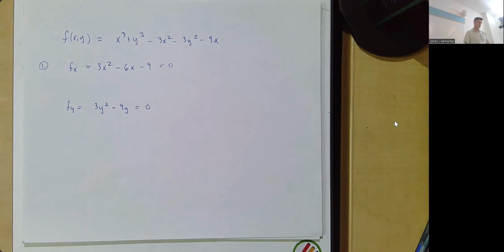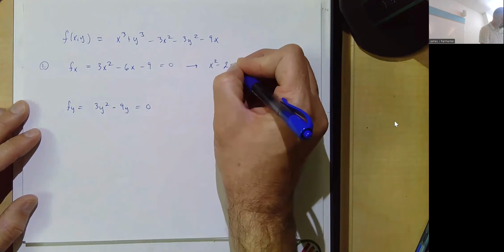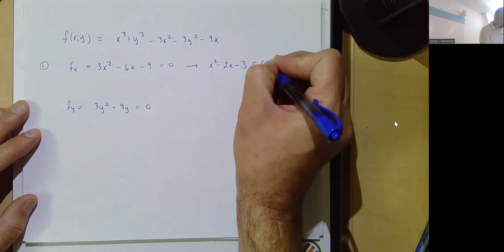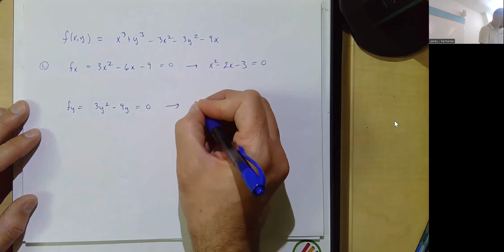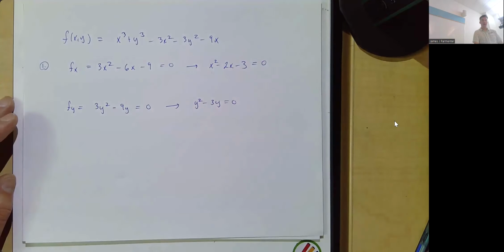And now we're just going to solve both of them equal to 0. For both of these equations, I can divide each of them on both sides by 3, which will be easy. So let's rewrite this as x squared minus 2x minus 3 equal to 0, and this one as y squared minus 3y equal to 0. Unfortunately, both of these I can factor.